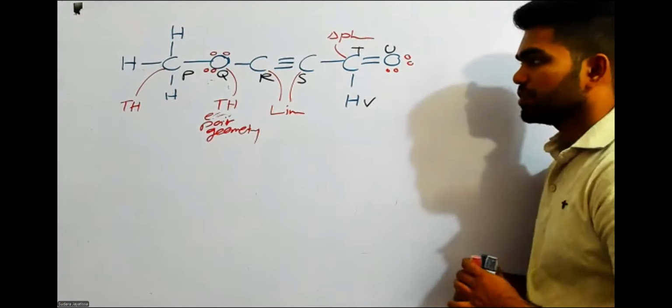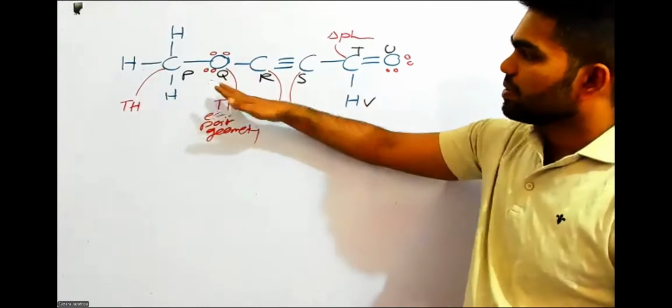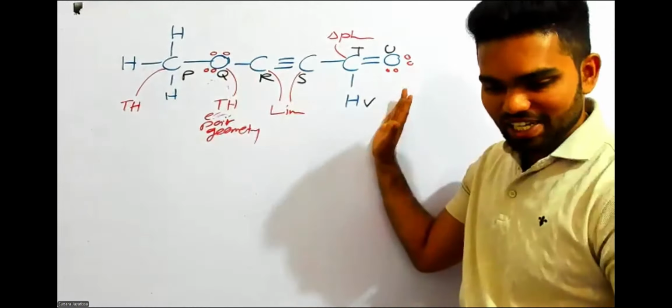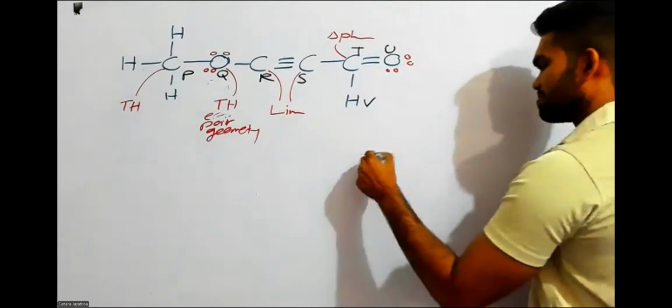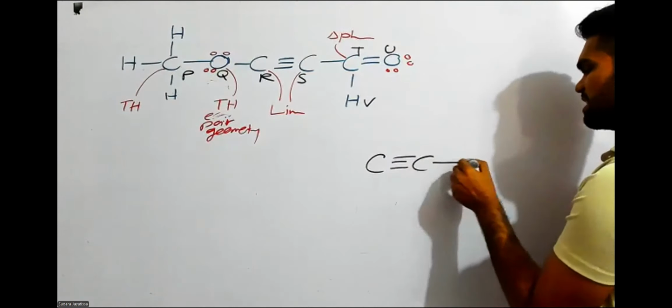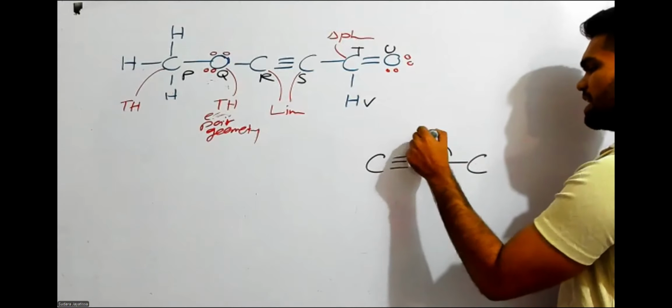Now, if you just look at the statement, some students are confused here. They think they are in a straight line. But this is not the actual arrangement, right? So we can draw the actual arrangement in this way. Let's start from carbon. These two are in a straight line, because linear electron pair geometry means 180 bond angle.